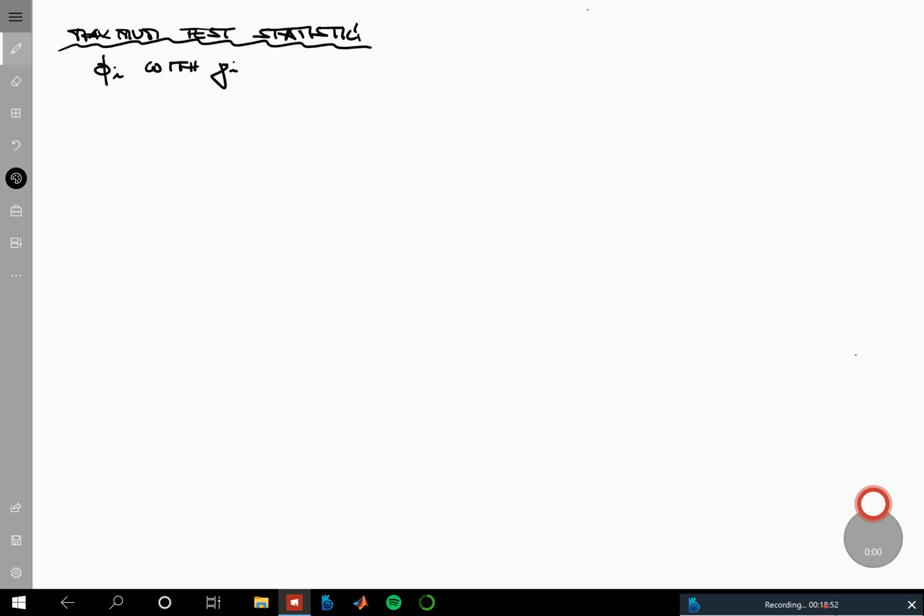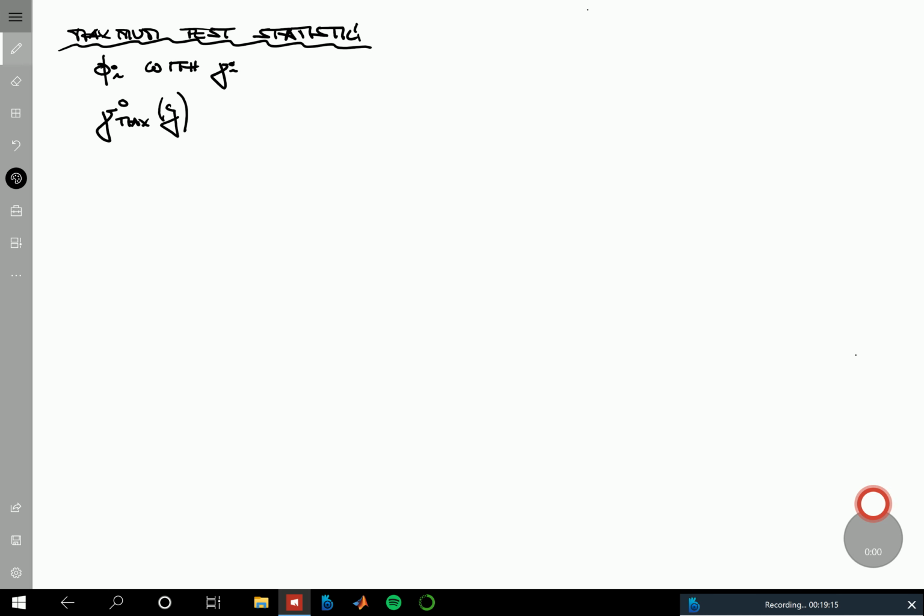So again, you can think of doing a t-test at each voxel, and then for each voxel you have a t-statistic. And you know that for each voxel, the t-statistic is distributed according to a t-distribution. Now we are interested in the maximum test statistic, which we write as this.